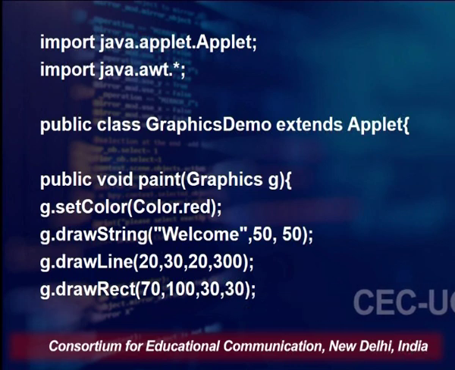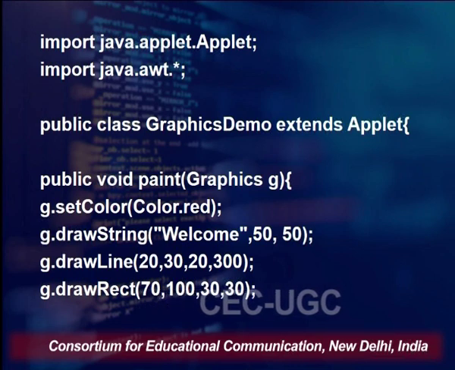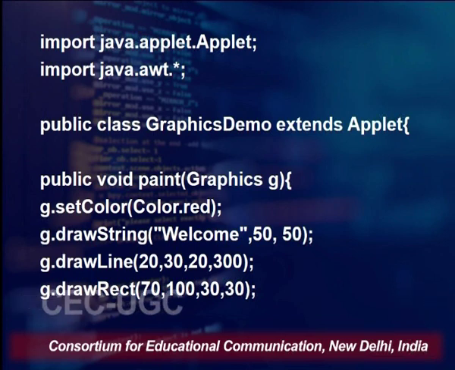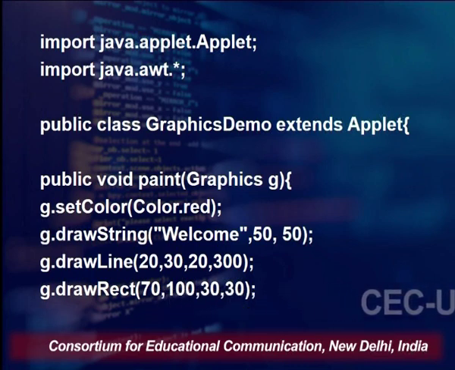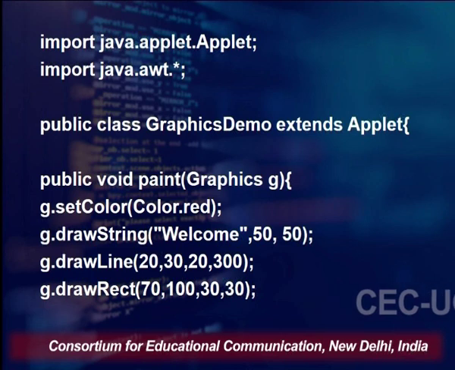Within the paint method we have used all the methods which we have just seen. So, g.setColor(Color.red) within the bracket, g.drawString we have already seen, Welcome at the location x, y 50, 50. Then we have g.drawLine starting from 20, 30 to 20, 300. So, basically a vertical line in which y is being changed, x is similar.